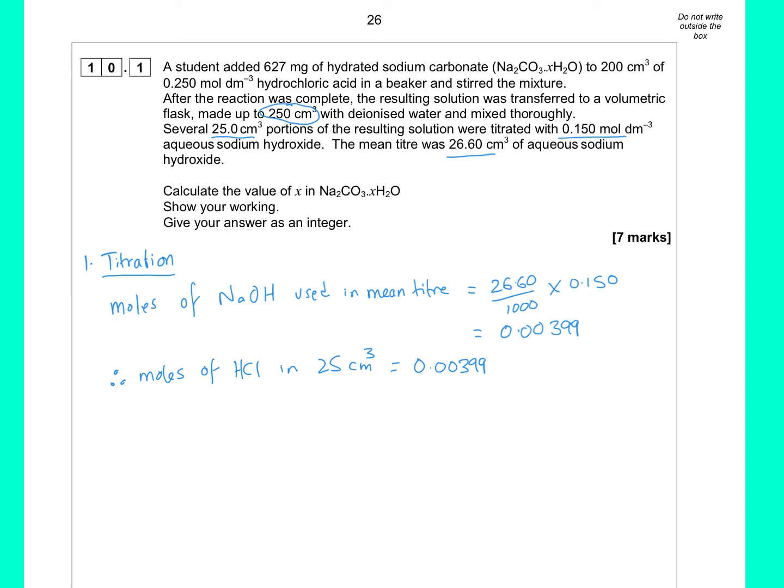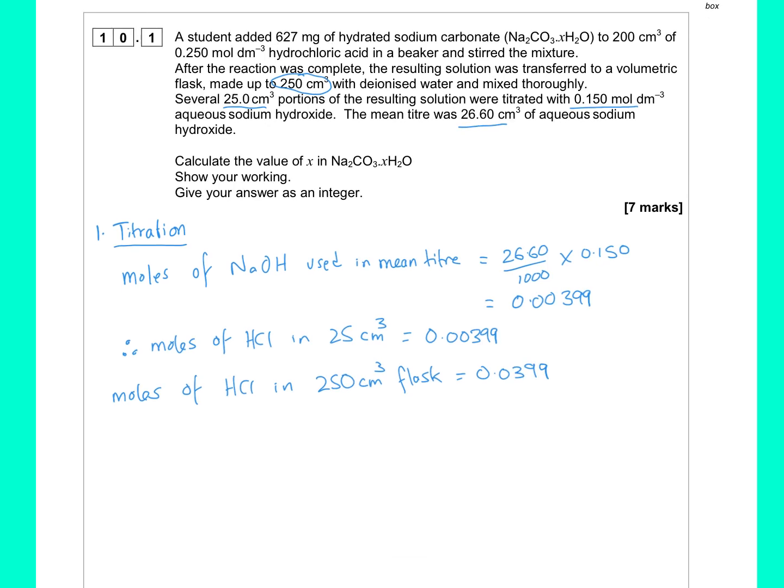Now we know that those 25 centimetre portions were taken out of a 250 centimetre cubed flask. So the moles of HCl that were in the volumetric flask must be 10 times the amount that's in the 25. So it's going to be 0.0399. Okay. So that's all the information we can get from the titration.